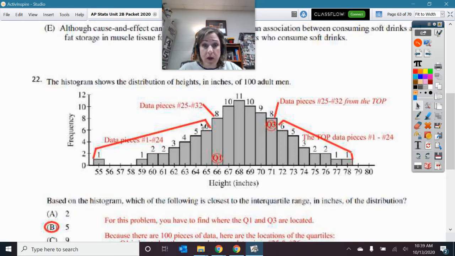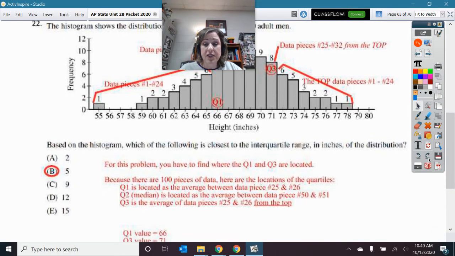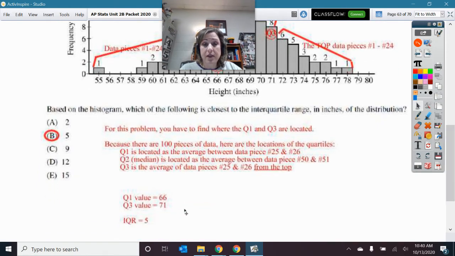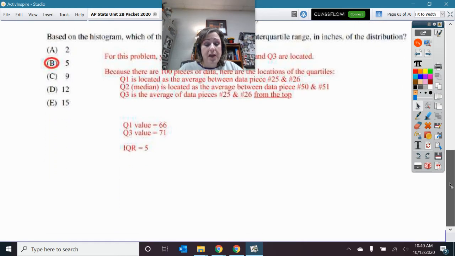So here are the first 24 pieces, so the 25th and 26th are in this bar. So I know that my Q1 has a value of 66. And then I go 25 down from the top, and I know my Q3 is going to be a value of 71. Now that I have those, I can subtract, and I can see that my IQR is 5. You have to be able to do that, okay?